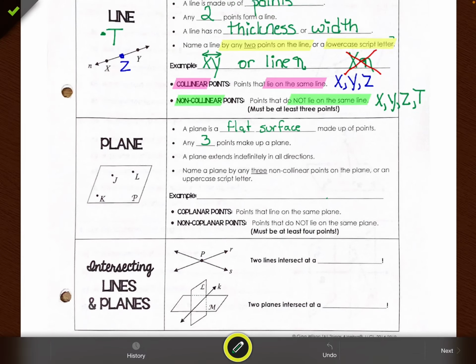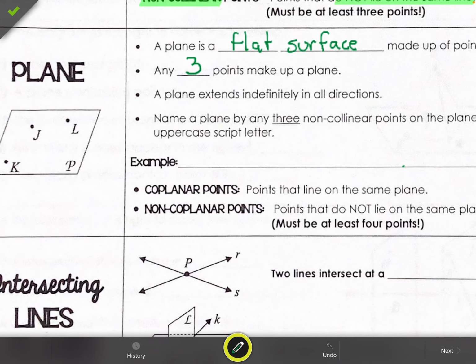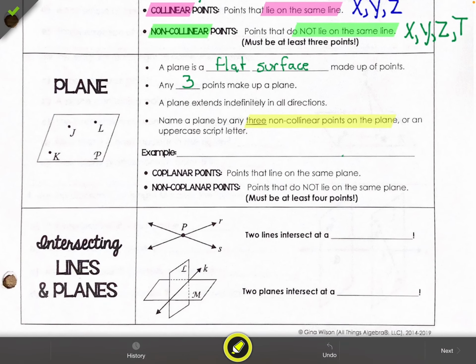To name a plane, because again, we're naming them, you need to use 3 non-collinear points that are actually on your plane. That's the first way, because a plane has 2 ways, just like a line. So 3, there's that vocab word, non-collinear, 3 non-collinear points on the plane, or the other way you can do it is an uppercase script letter.